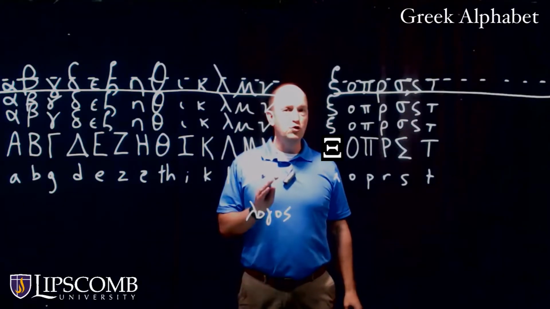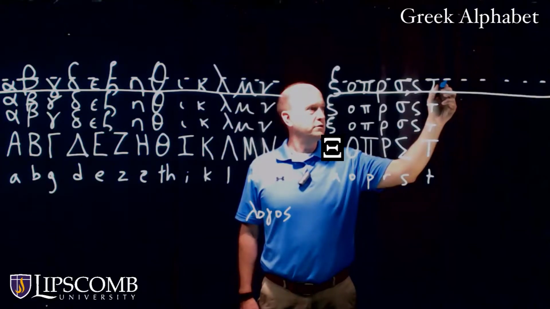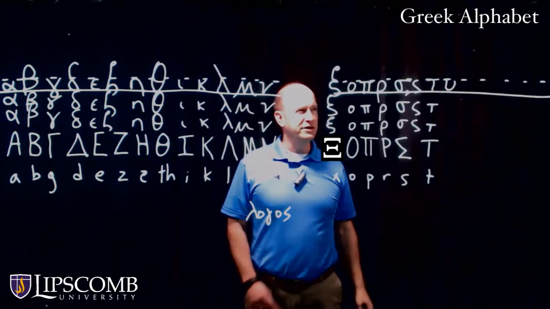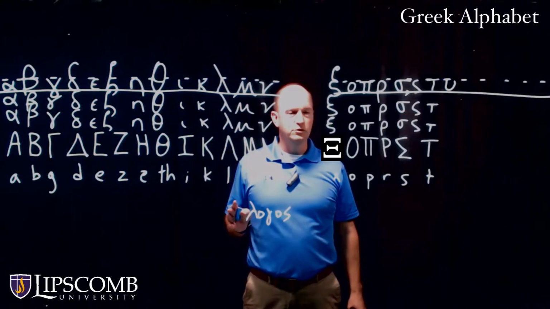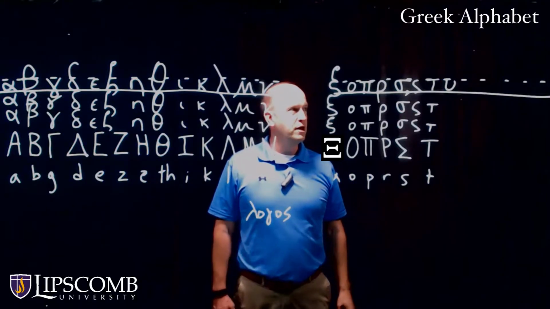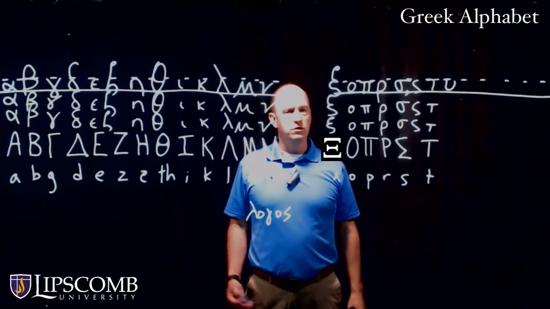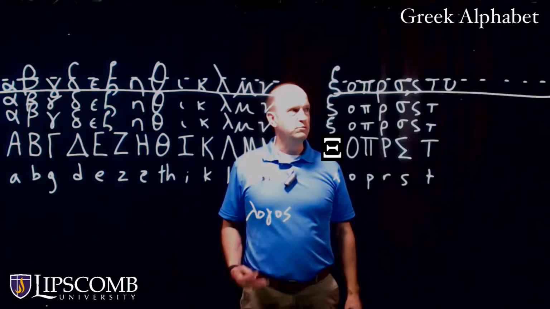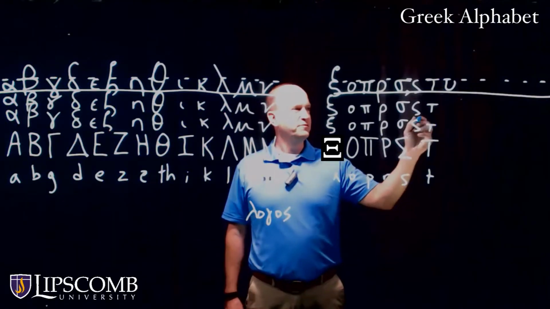The next letter is upsilon. Everybody say upsilon. Upsilon. A lot of books will say it's pronounced like a German umlaut U, which helps if you know German, but if you don't know German, it doesn't help. Think of it maybe as the English U in the word universal. It's more like an oo. You kind of start upsilon.